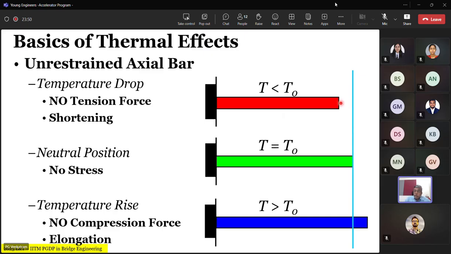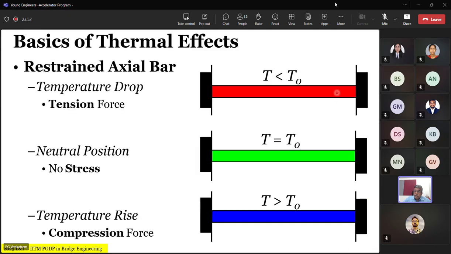So contrast the two: in the restrained bar the length doesn't change, but internal tensile forces appear when temperature drops, and an internal compression force appears when the temperature goes up.